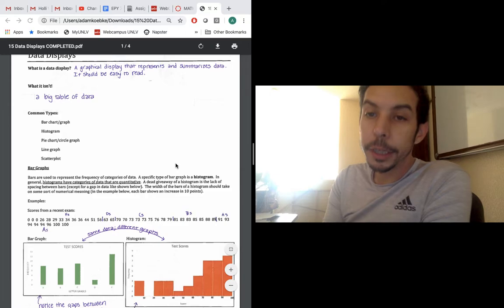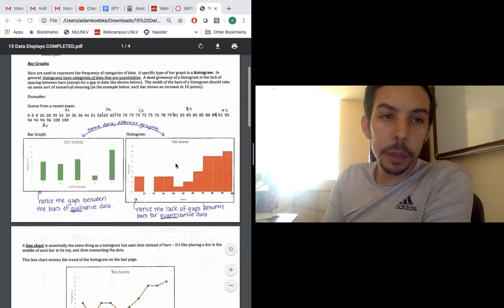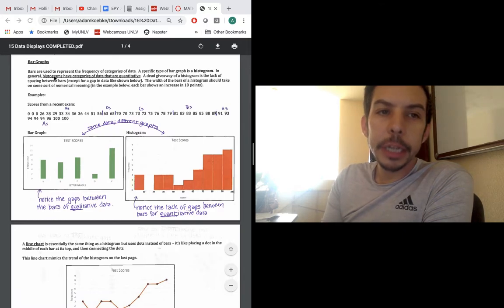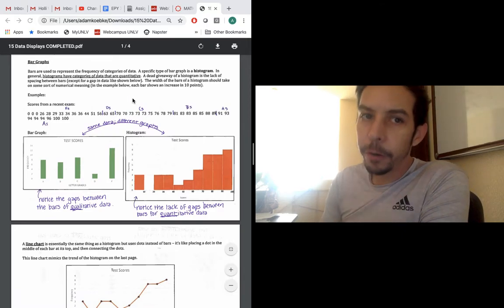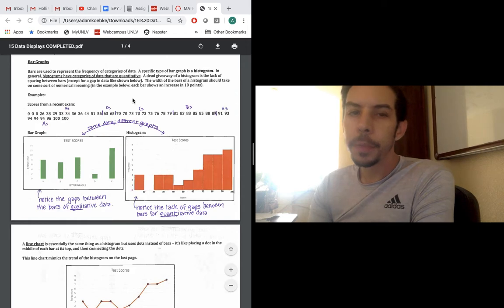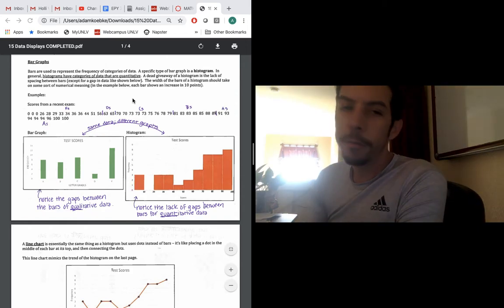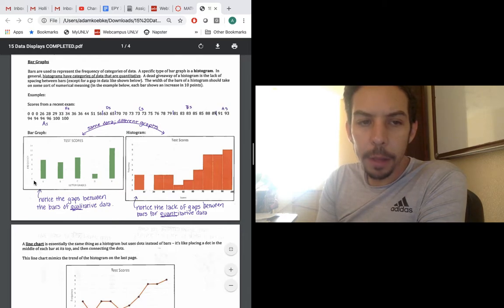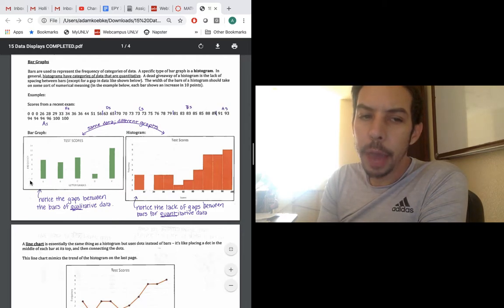We'll see some similarities in these first two. The first two we look at are bar graphs and histograms. Bar graphs are used to represent frequencies of categories of data. Bar graphs usually have certain data on the bottom axis that we put categorically.